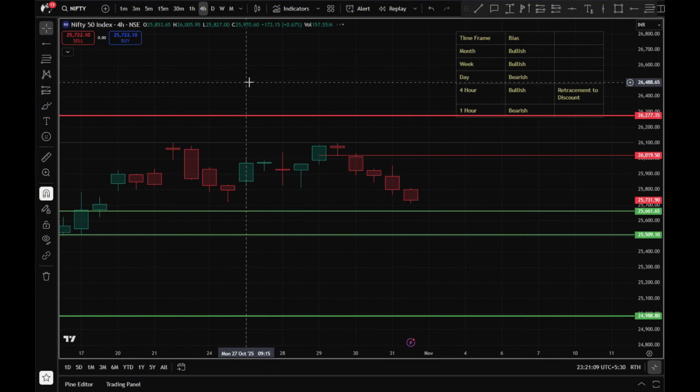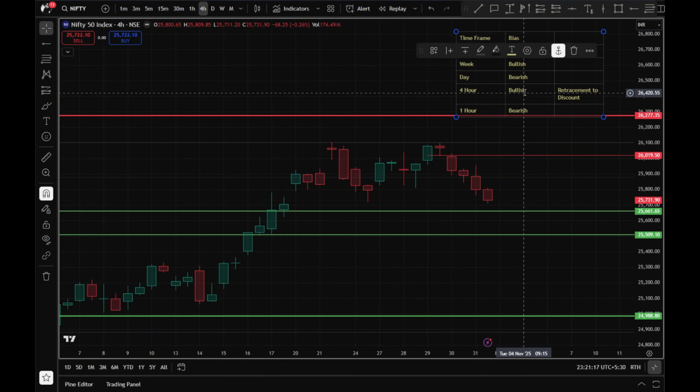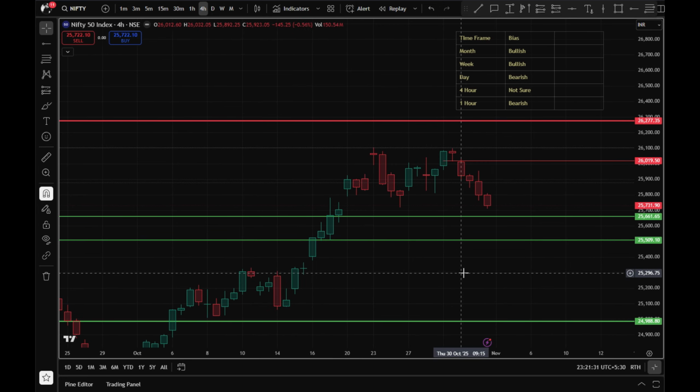Let's go to the 4-hour time frame. Again, this was a high, that high was taken, this was a low, that low was taken. So we have a situation where we are not sure of the bias on this time frame.